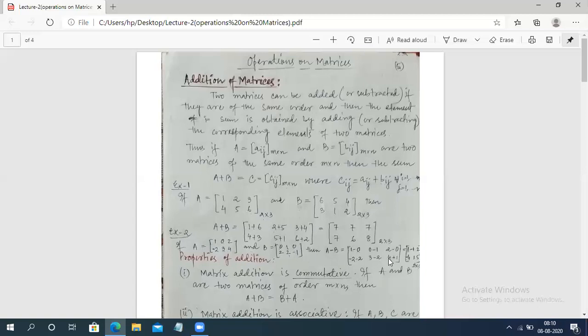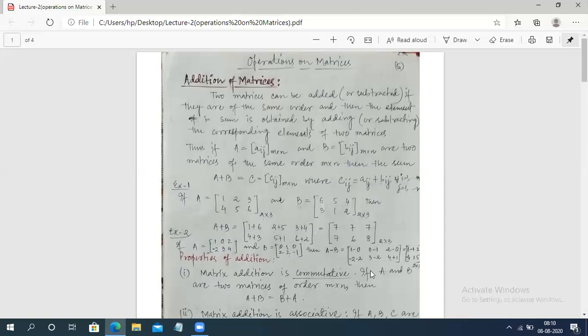What are we doing? We are subtracting 0 from 1, similarly 1 from 0, 0 from 2. That means the first element of matrix B is subtracted from the first element of matrix A. Similarly, the second element of matrix B is subtracted from the second element of matrix A, and so on.